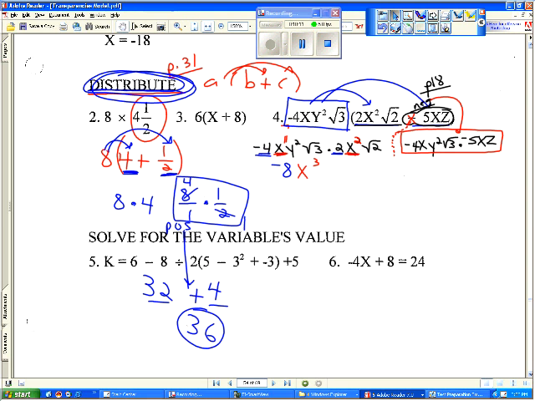And then we do our y's with our y's. Y to the second, and there's not a partner for the y, so we bring the y squared down. And then you do the radical. Square root of 3 times square root of 2 is square root of 6. You multiply them. And then we go to the second half.